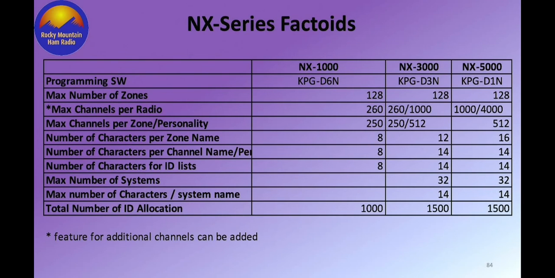So when I set up my list and do my preparation in Excel, I keep these things in mind, because if you look at the Rocky Mountain website, some of the names may be 16 characters on one brand of radio, but 12 on another brand. So I put this table together to help me. I find that it's useful.